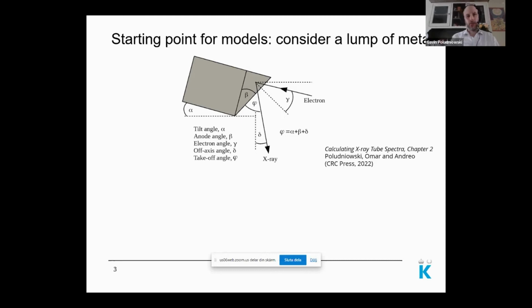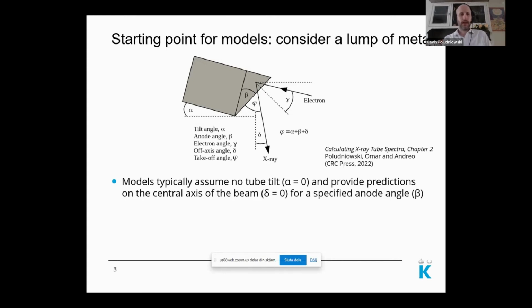So we have a lump of metal, most typically tungsten, that has an anode angle defined by the angle beta here, and it might be tilted. And these analytical models typically assume that you have no tube tilt, and that they provide predictions most commonly just on the central axis. As an input, you can often specify the anode angle.